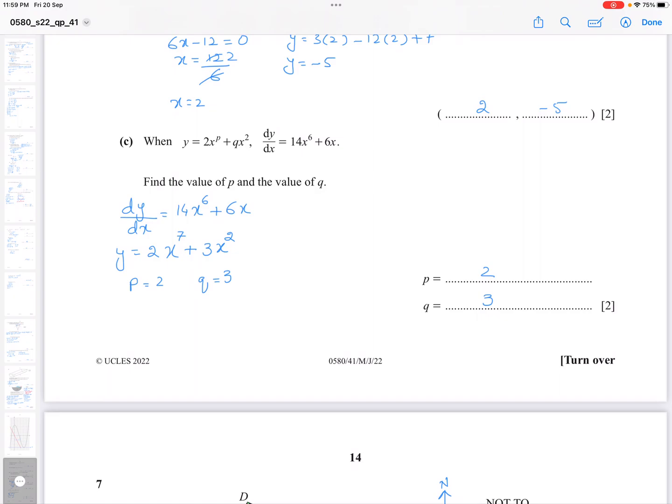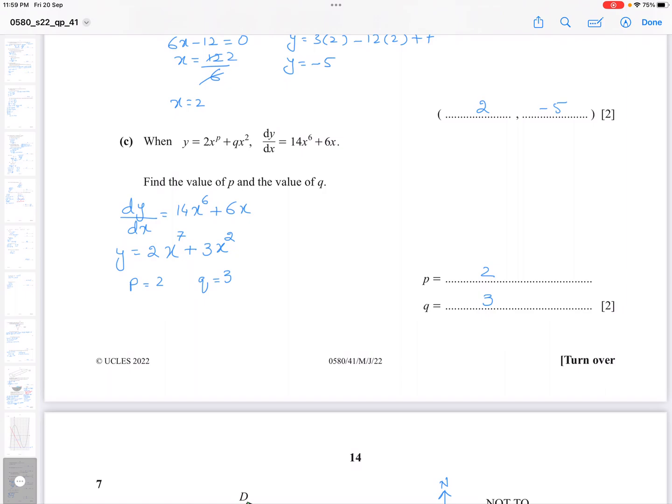Now you differentiate this portion: you bring down 7, it multiplies by 2, it makes 14, and from the power you subtract 1 and it becomes 6. So like this you can get 14x power 6.